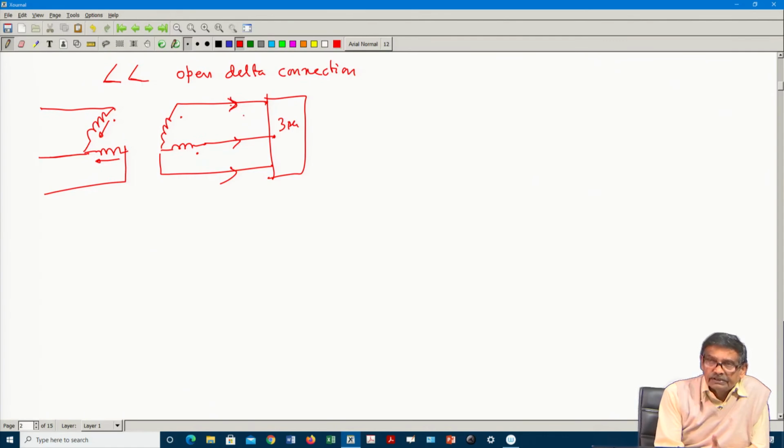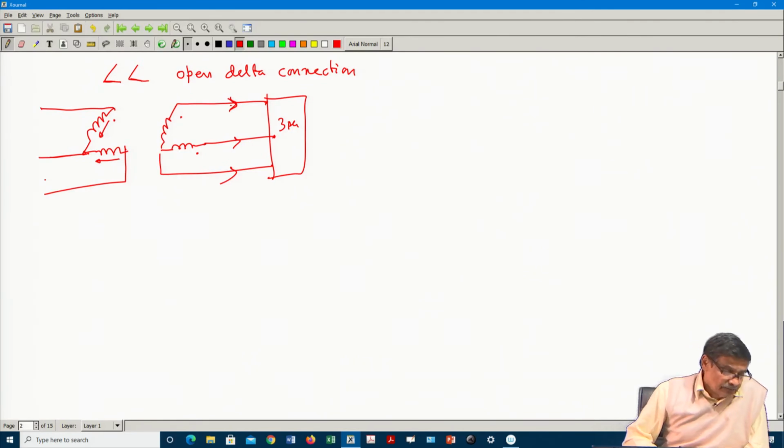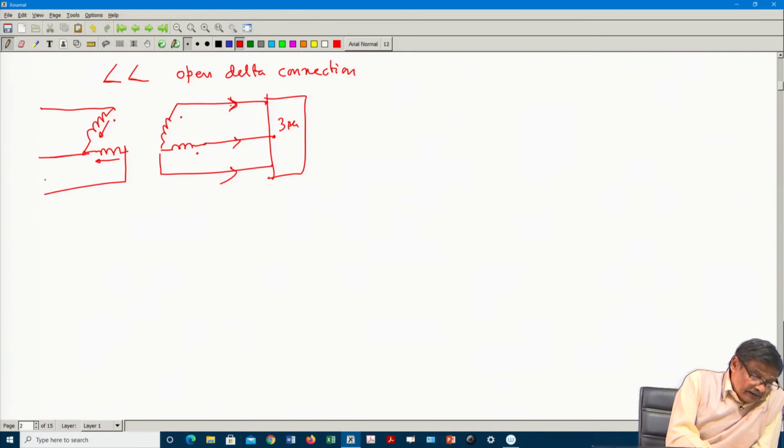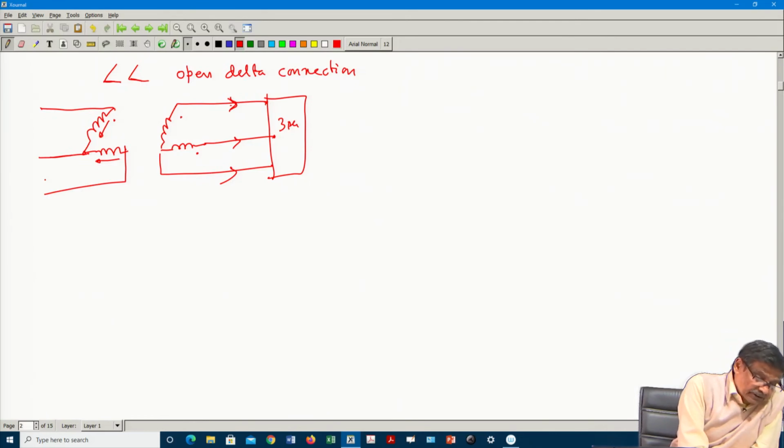If these two currents are 120° apart, the reflected currents too will be 120° apart, and their addition, or you apply KCL here to get this current, will naturally be 120° apart. So, please convince yourself further, that is more important. In short, that is what I want to tell.